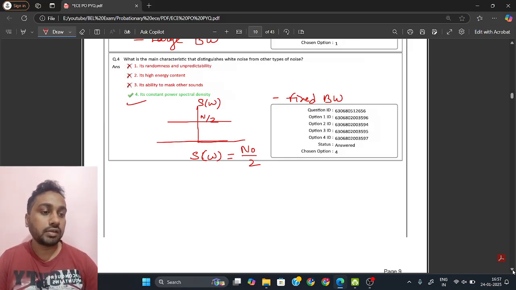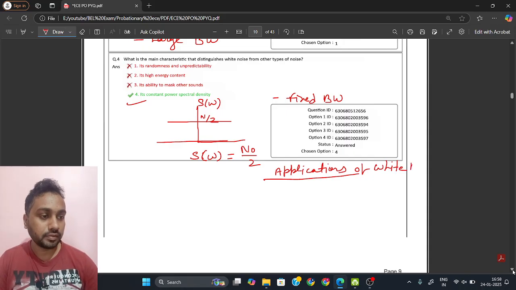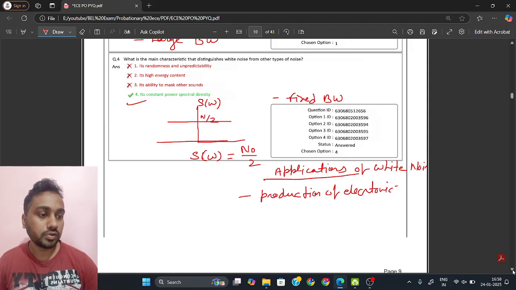Okay, apart from this they may ask about applications of white noise. So it will help in the production of electronic music.